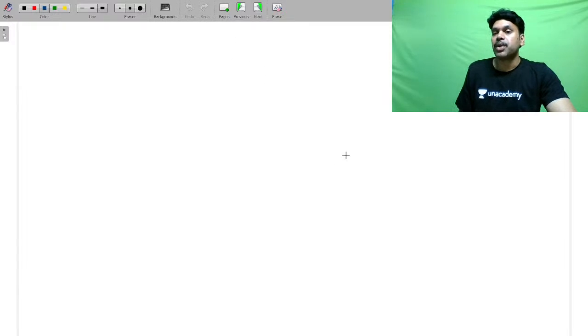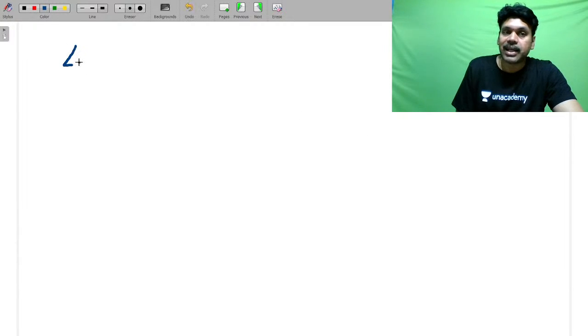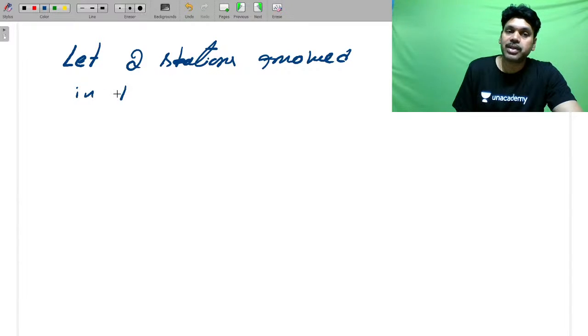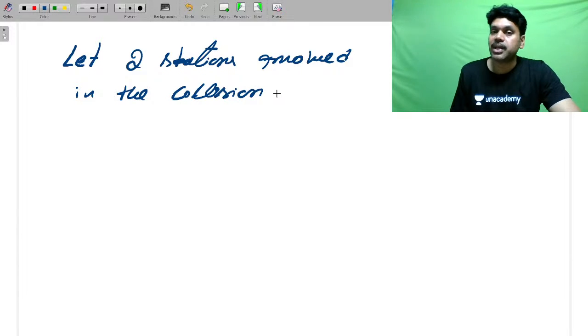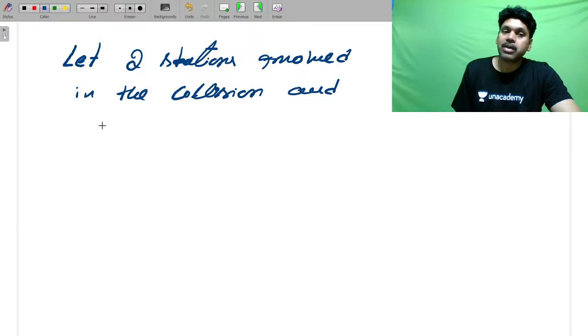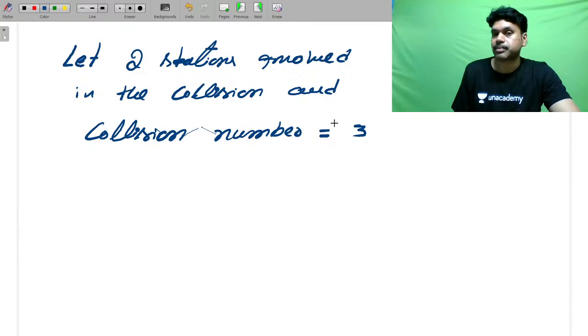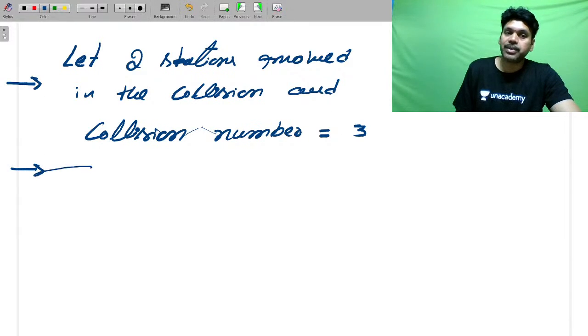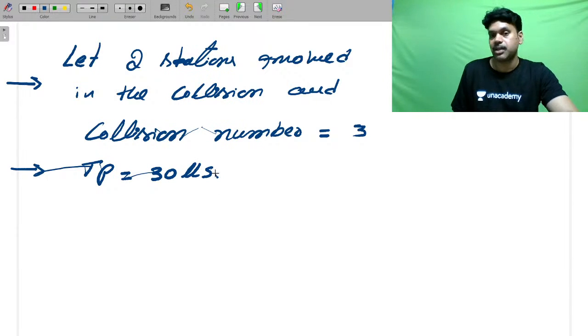Let me explain one important point. Let two stations be involved in a collision during transmission of the data, and the collision number is given as something like 3, and it is also giving you TP is equal to 30 microseconds.